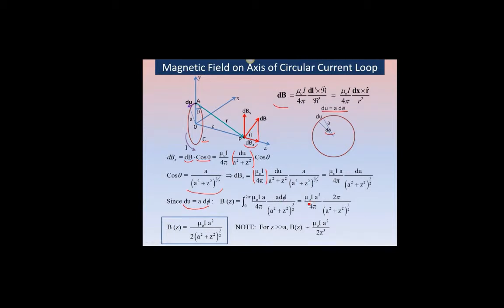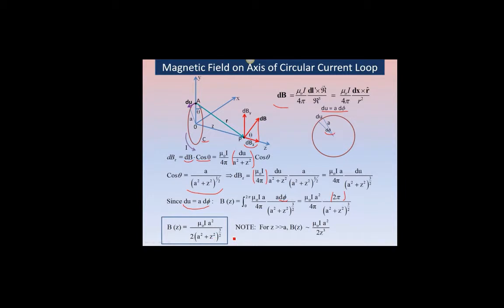It's kind of amazing, but what we end up with is everything remains in the equation except the integral over phi. So we have a d phi. There's no phi dependence, so we just get a 2 pi. If you simplify everything, then what you have here is that B of z is equal to mu 0 I a squared over 2 times (a squared plus z squared) to the 3/2 power.